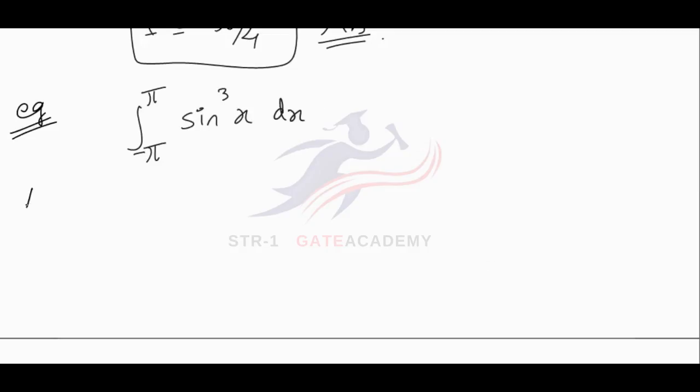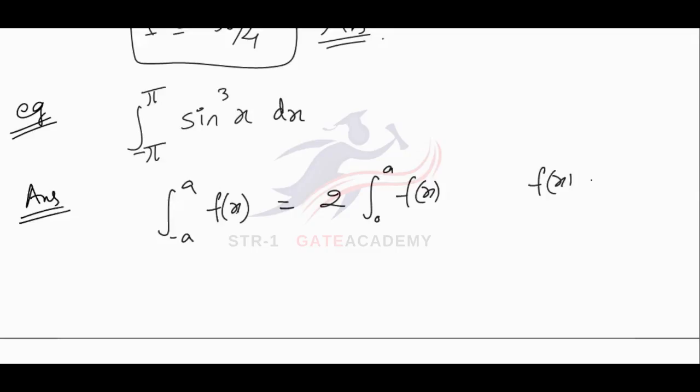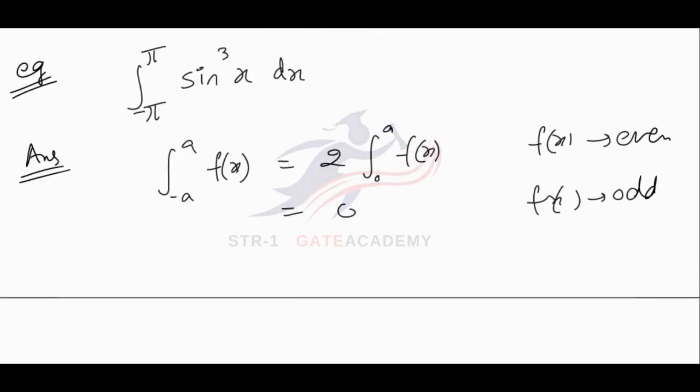Now again, if you observe this pattern, integration from minus a to a of f(x), I said it was 2 times integration 0 to a of f(x) if f(x) is even, and if f(x) was odd it would have turned out to be 0, isn't it?